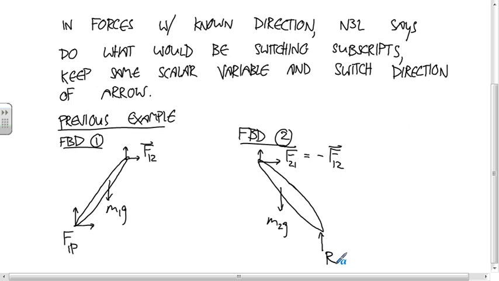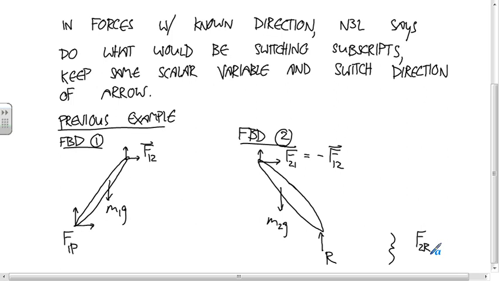I'll call it R, but as a force vector, that's the force onto by the ground. Or I think before I labeled it as onto by the rollers.